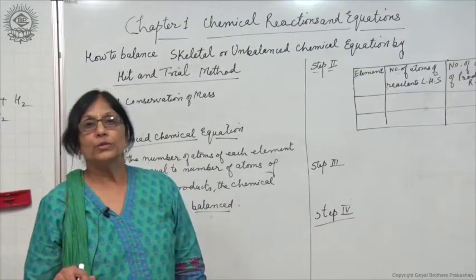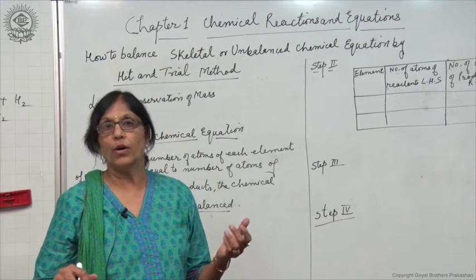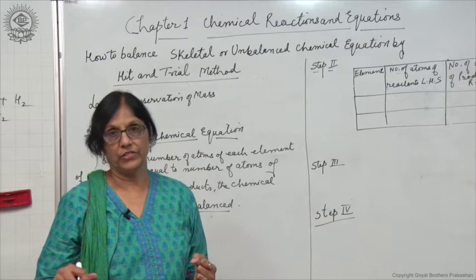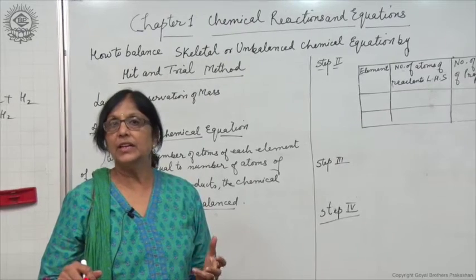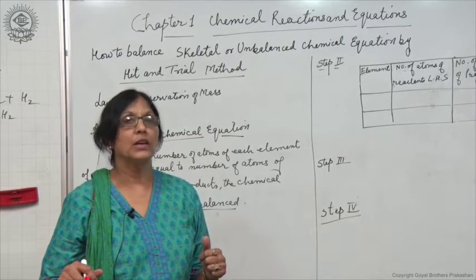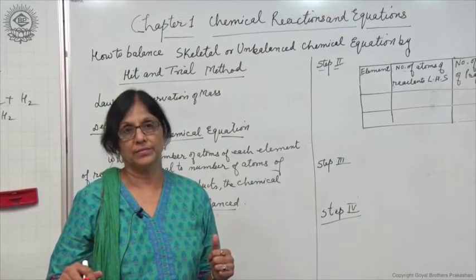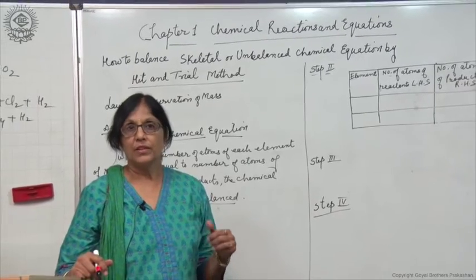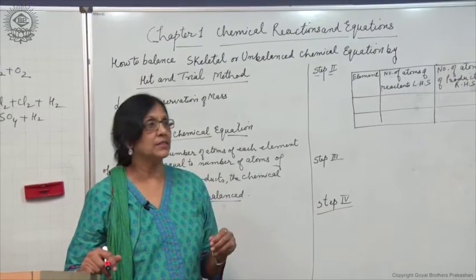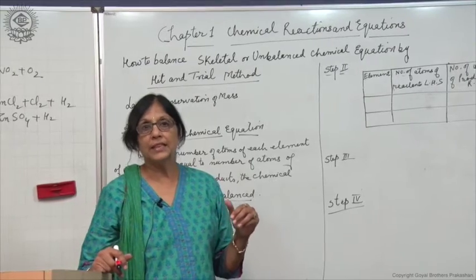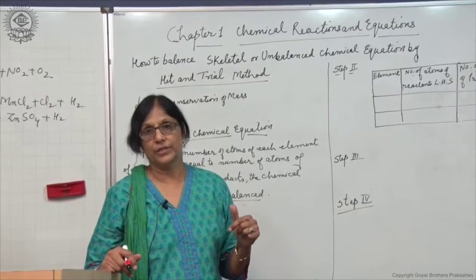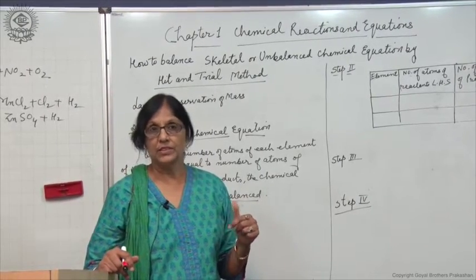Now, how to balance a skeletal or unbalanced chemical equation? You have studied in 9th class about law of conservation of mass. Now, what is that law of conservation of mass? Mass can neither be created nor destroyed. What does it mean?